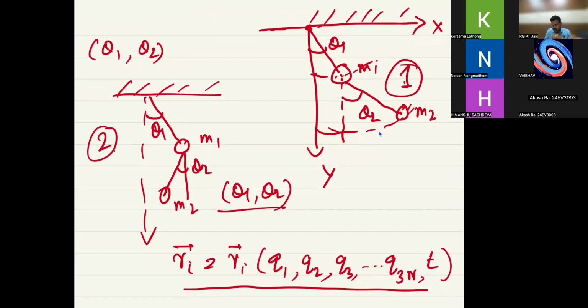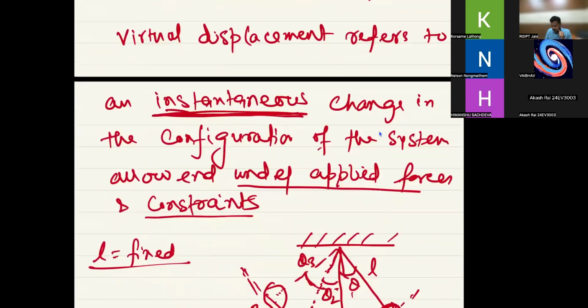But in case of virtual displacement, you come from configuration 1 to 2 without spending any time. That is instantaneous. But it has to be an allowed configuration, within the allowed values of theta 1 and theta 2, and also within the allowed values of L1 and L2. So that represents a virtual displacement.